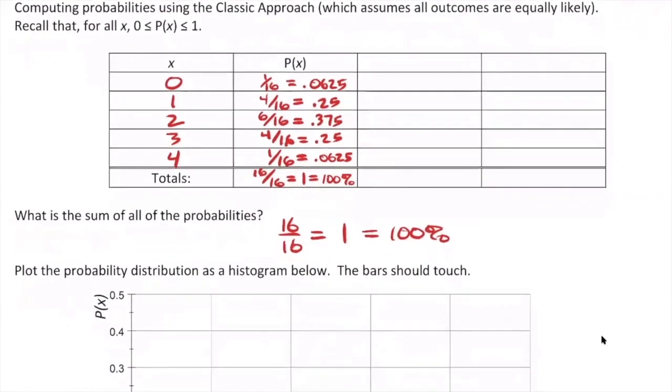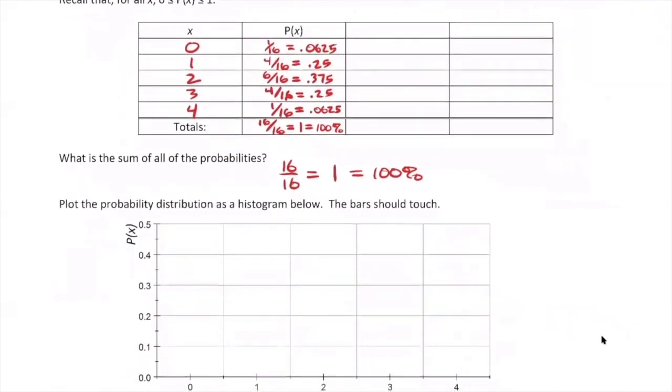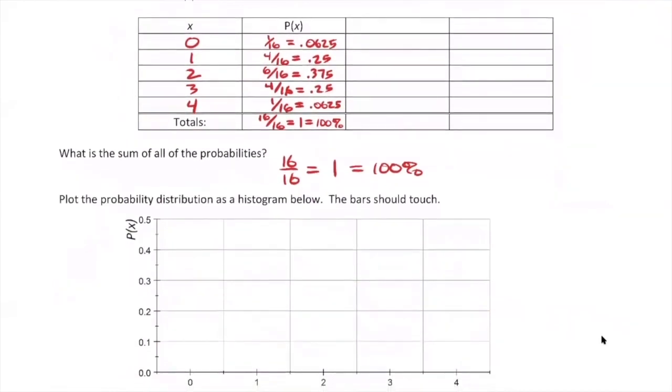Okay, and we want to go ahead and graph these now. All right, so I'm just going to do the heights of the bars. This is just going to be a histogram. So the first one's 0.0625, about that high. The next one's 0.25 right here.